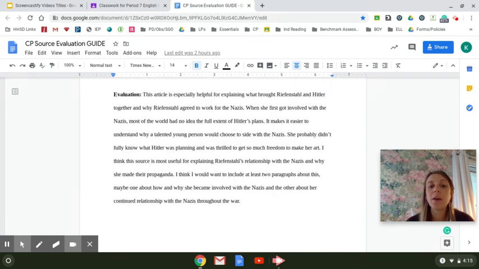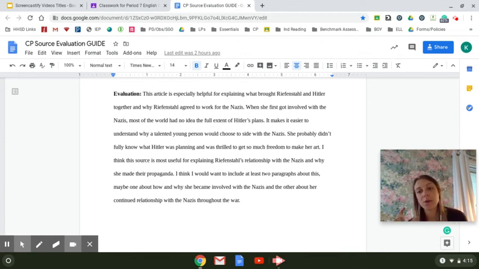The evaluation paragraph, now the person is going to look more specifically at how they are going to use this source, and what they find interesting or beneficial or useful about the source for their own writing. Listen to how this one sounds a little different. The article is especially helpful in explaining what brought Riefenstahl and Hitler together and why Riefenstahl agreed to work for the Nazis.